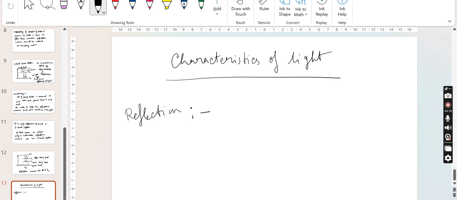So what is reflection of light? Reflection of light is a phenomenon where light rays strike a surface and bounce back into the same medium, enabling vision and image formation.